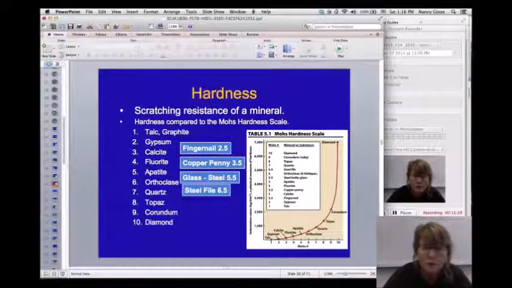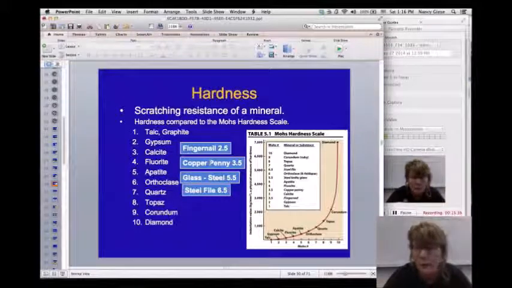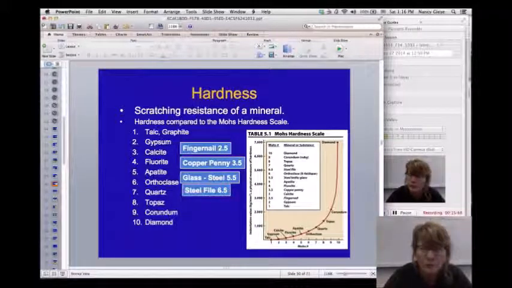So in your mineral identification kit, you're going to see that you have a couple of these things. You have a steel nail, which in this case would have a hardness of 6, and you would have a glass plate, which has a hardness of 5.5. There is no penny in the lab, but if you wanted to produce a penny, it has a hardness of 3.5. There are no fingernails included.